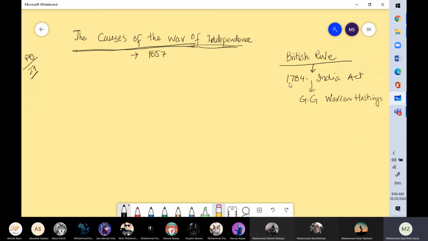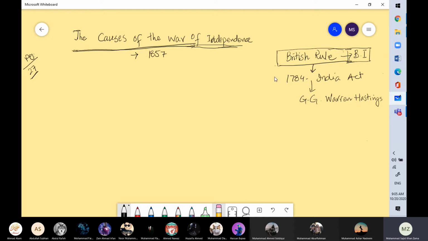From 1784 to 1857, British formal rule started in India, and these are the areas which are under British control, so we refer to them as British India. If you remember, many a time I use the word British India. Is it clear? Yes, sir. British India refers to the areas which were under British control, because the entire India was not under their control till this war in 1857.